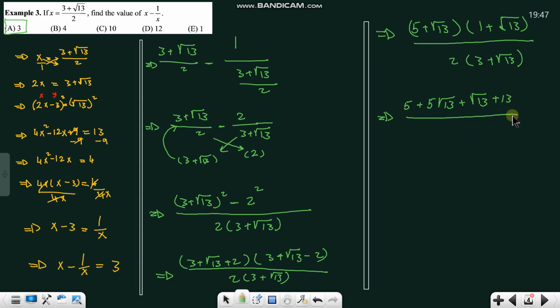And the denominator I will not distribute, it stays the same. Now 5 plus 13 is 18, plus 6 square root 13, over 2 multiplied by (3 plus square root 13).